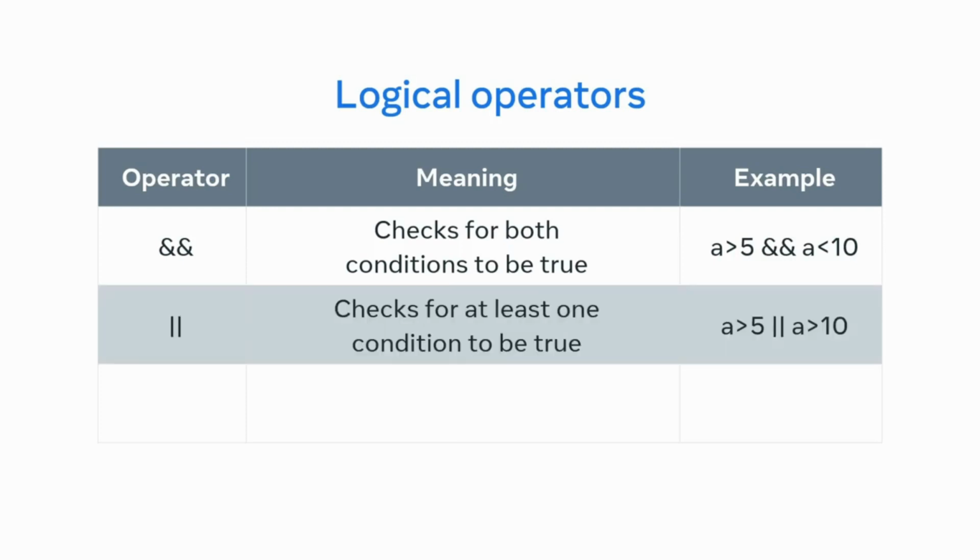Alternatively, there is the operator named OR, which checks for at least one of the statements to be true. For example, A is greater than 5 or A is greater than 10. Finally, you can use the logical operator NOT, which returns a false value if the result is true. Operators are used to control the flow of a program that meets certain criteria.